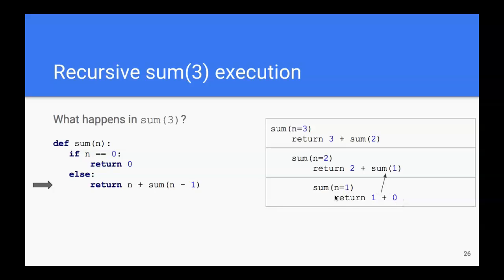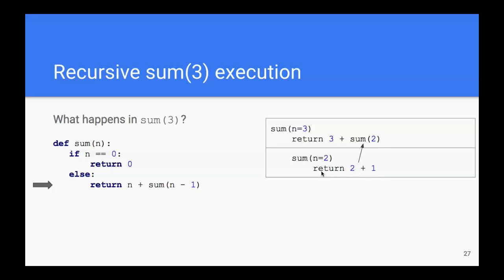And again, we're at this line where we're returning. So we calculate 1 plus 0 here, which gives us a 1. And that 1 is returned to where this sum of 1 is called, which is back here. So that 1 goes back up here.